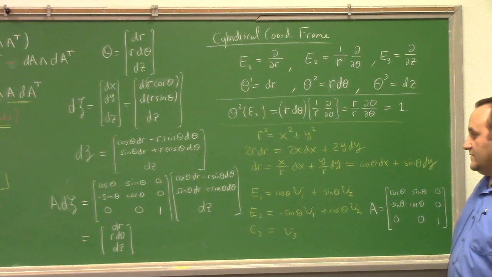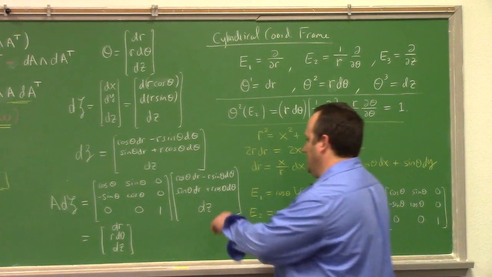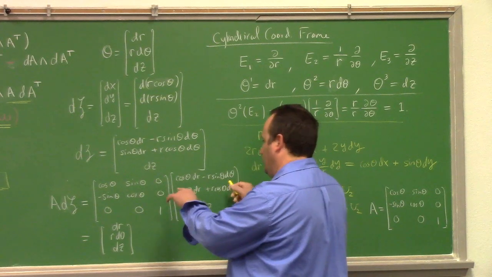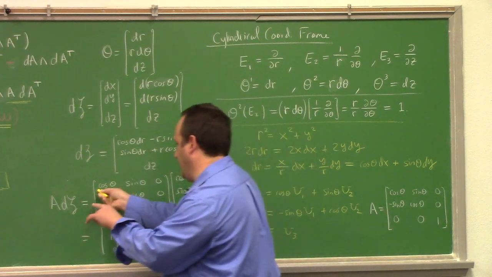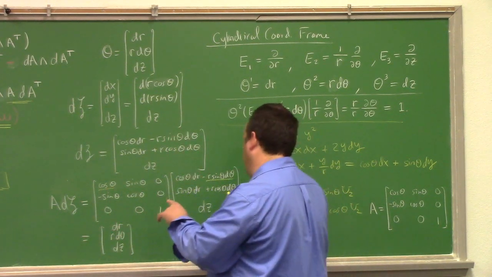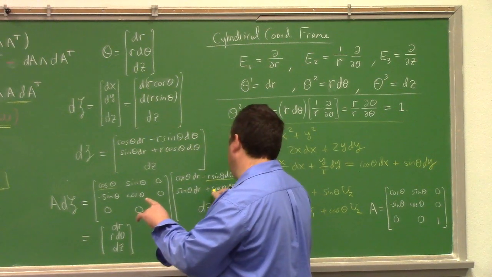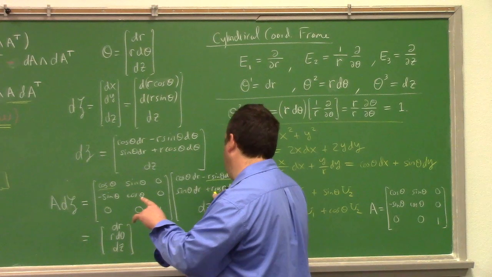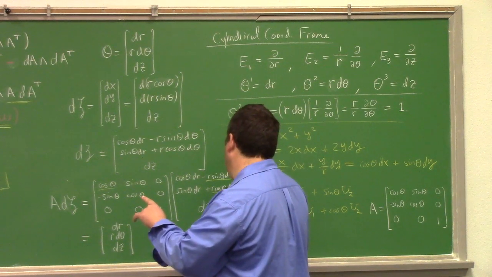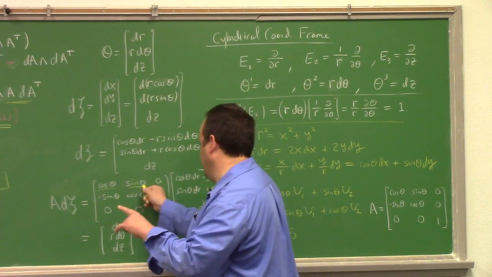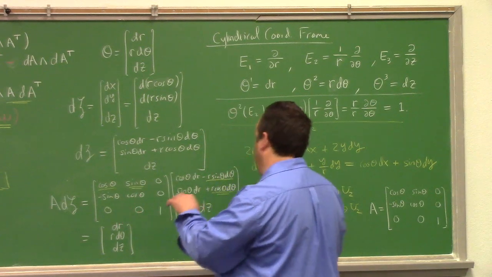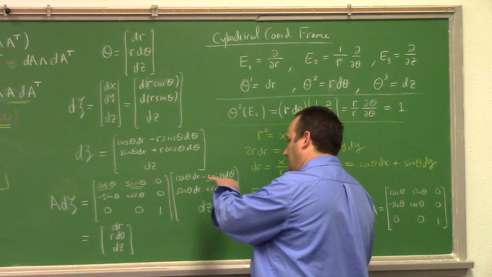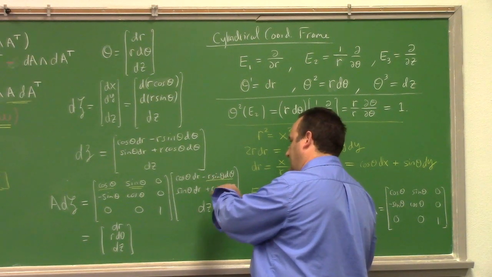You mean the d thetas? It's because when I multiply, I'll underline. So this multiplies with that, and this one multiplies with that one, and I get sine cosine minus d theta times r, and I get sine cosine d theta with plus times r.